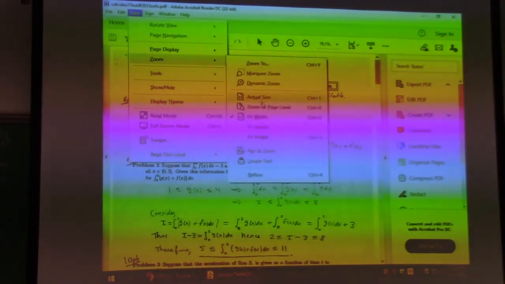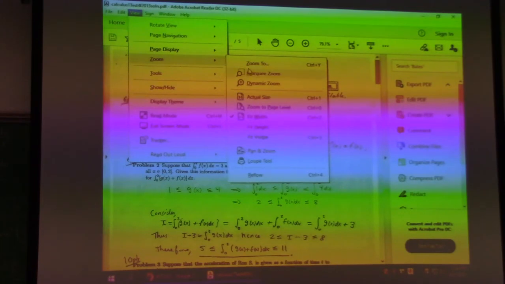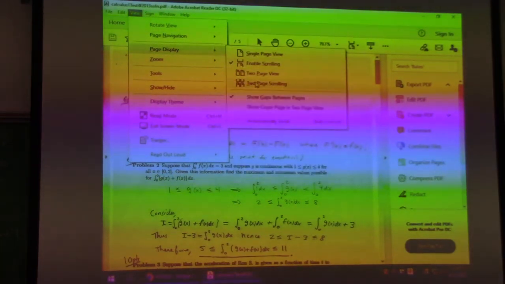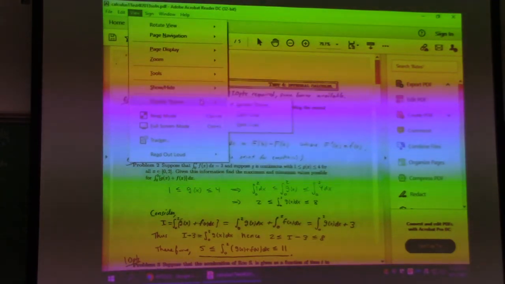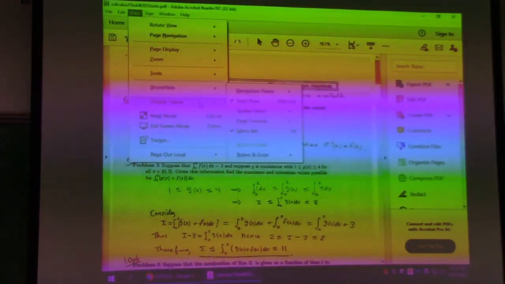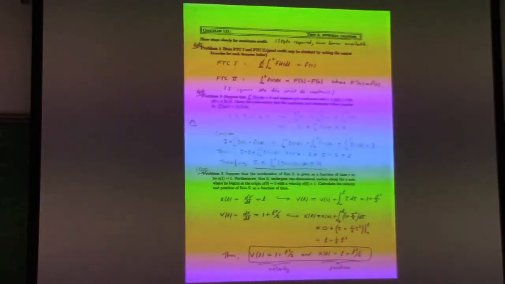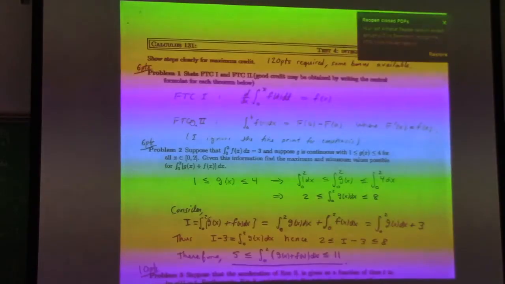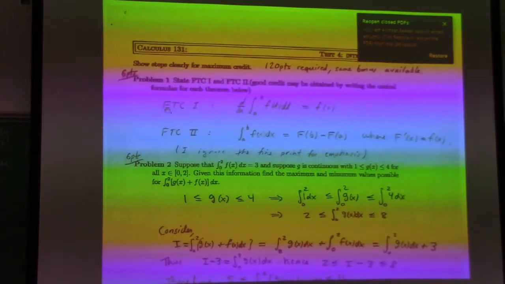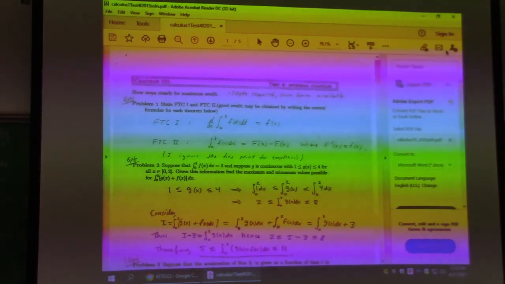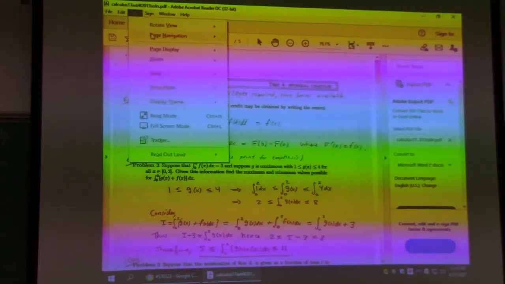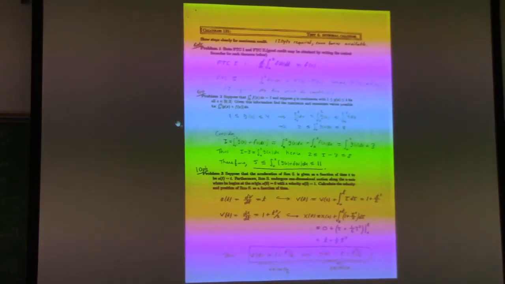Come on. Where'd the full screen? I thought there was a full screen here. Where's my full screen? Oh, there it is. All right. This blue thing saying, nope, what is that?